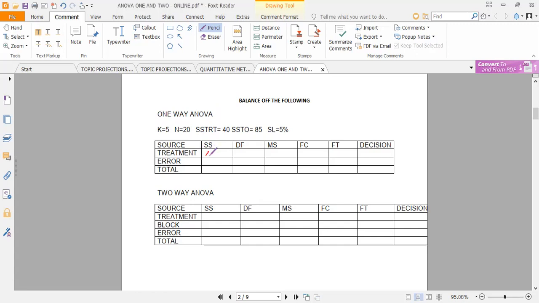So on SS treatment, we're going to put 40. And the total, we're given 85. We're going to put 85. Then the sum of square error is the difference. So what is the difference between those two?